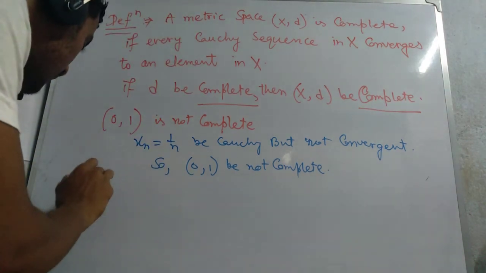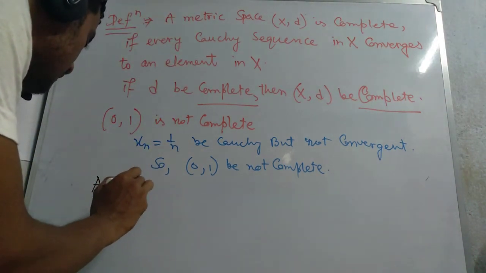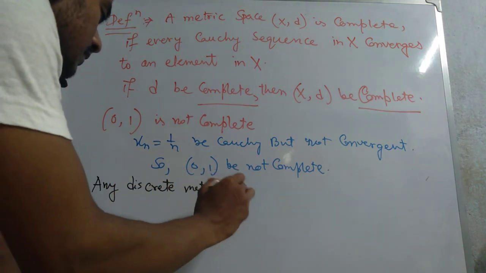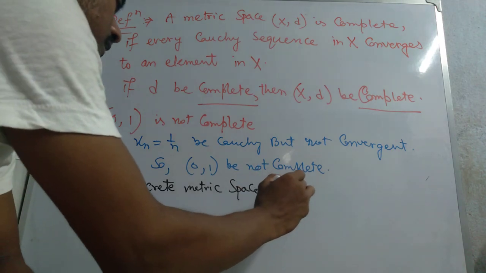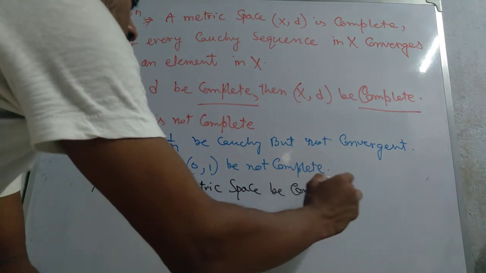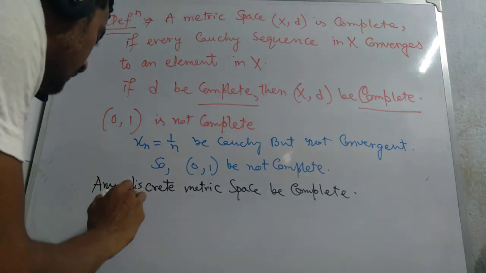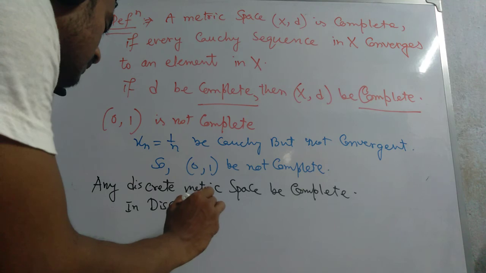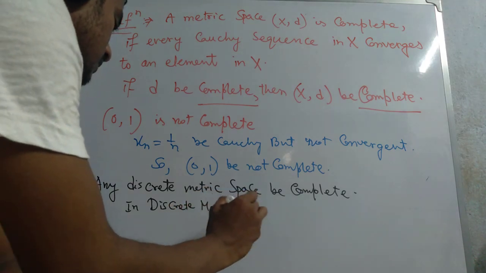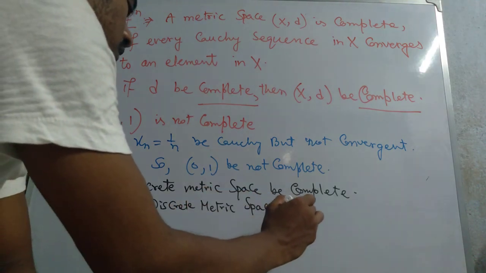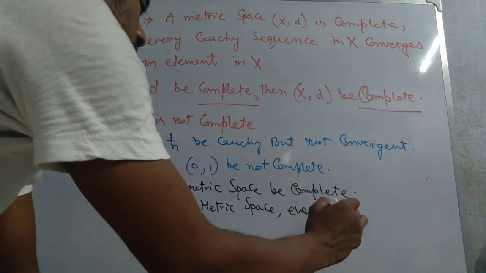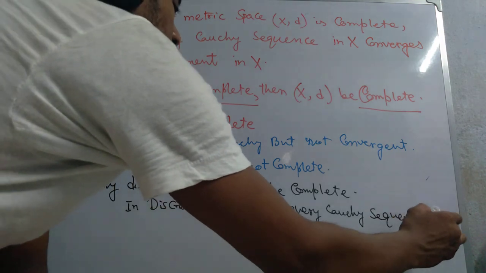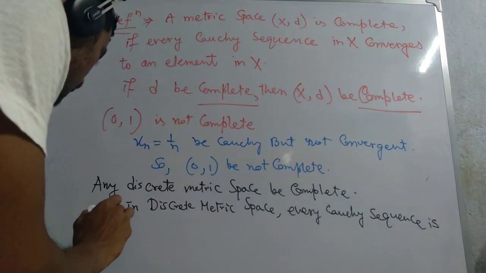How does this happen? In a discrete metric space, every Cauchy sequence is eventually constant.